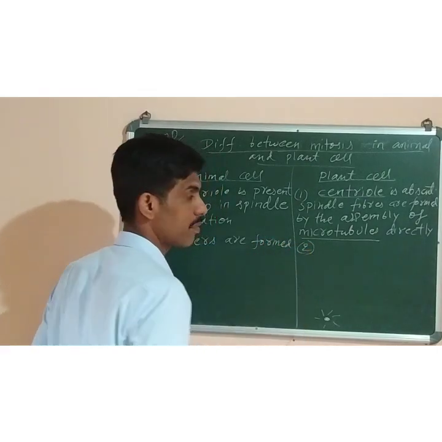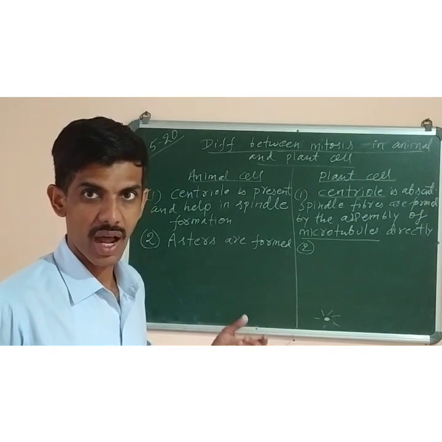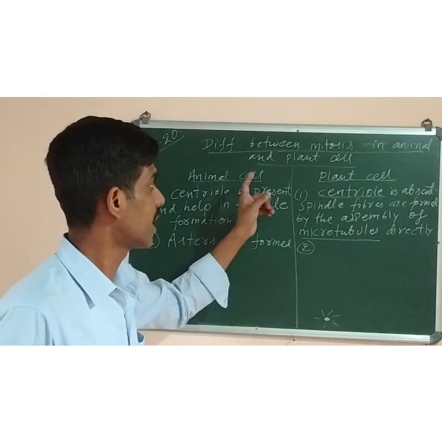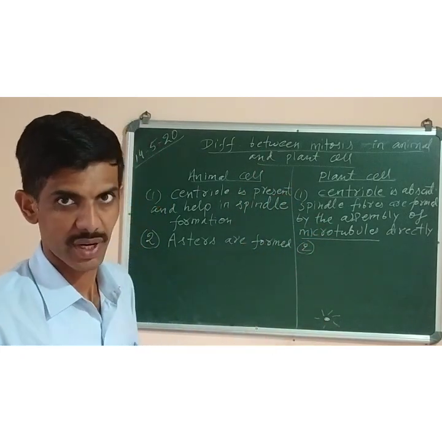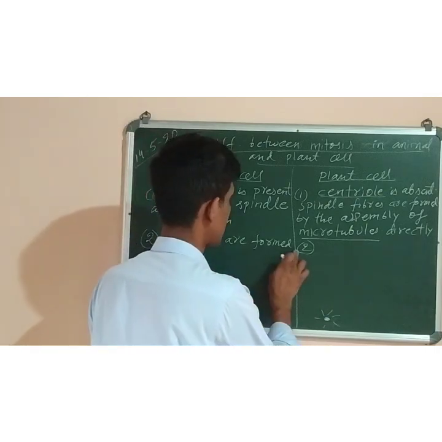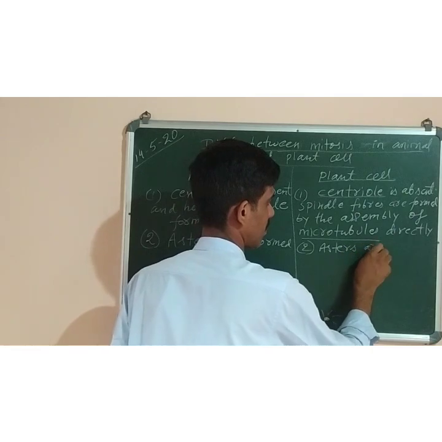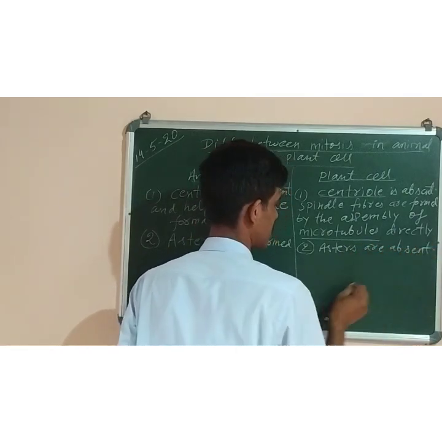And here in the plant cell asters are not there, so asters are not formed. That's why this type of mitosis division in plant cell is also called an astral division. So asters are formed here, asters are absent.